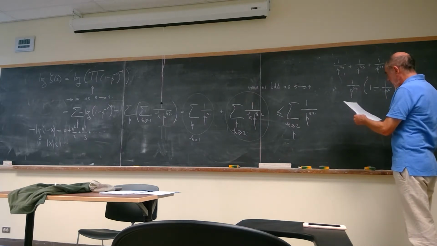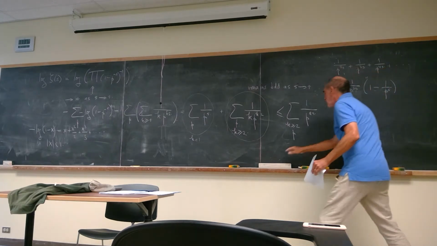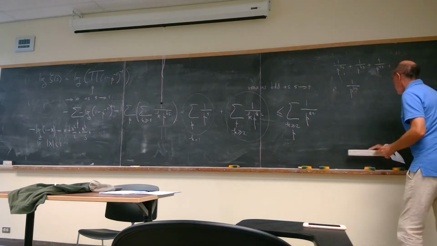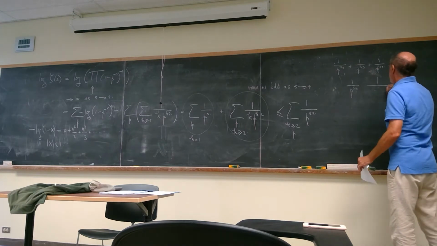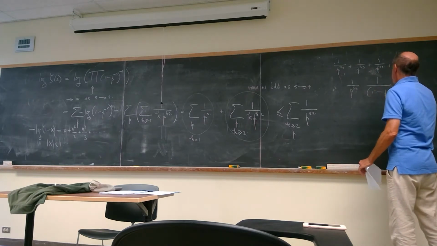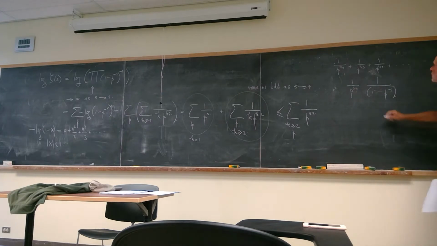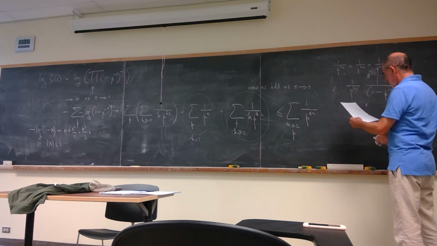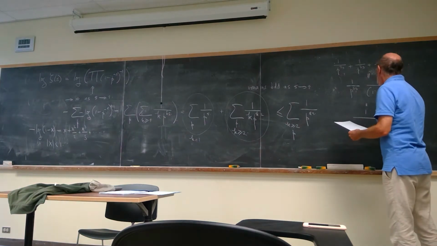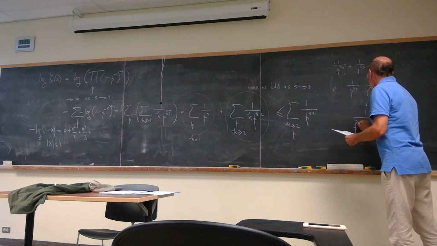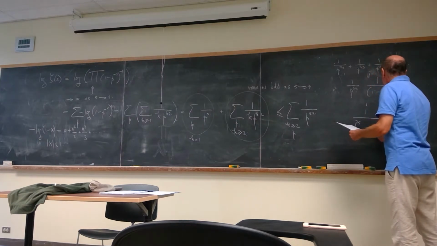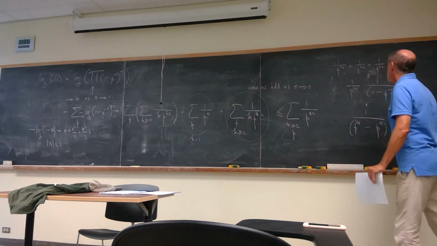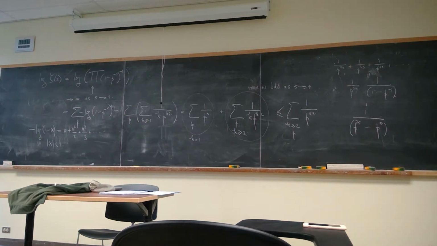Now let me write it like this so I can actually do it. 1 over 1 minus p to the minus s. Okay, and now I distribute the p to the 2s, so this is just 1 over p to the 2s minus p to the s, right, that term for a given prime p.